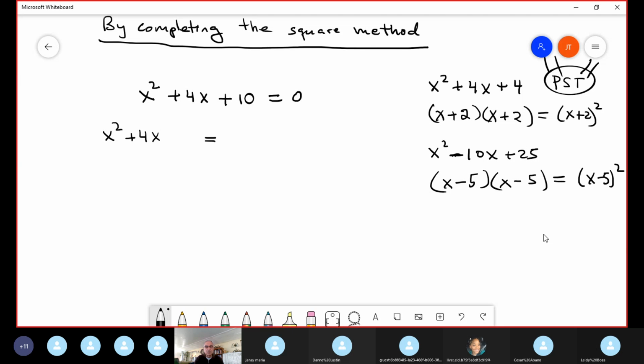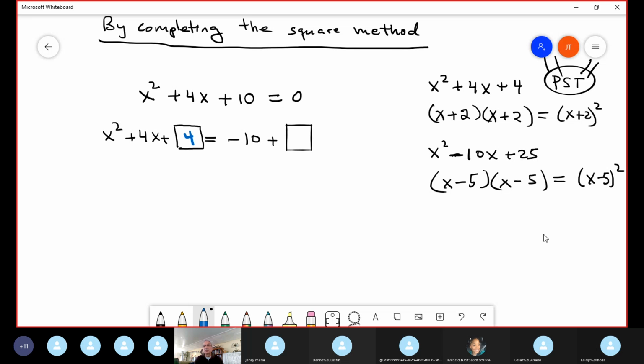You move 10 to the right-hand side like a minus 10, because I don't care about this 10, and you enforce the situation. You put inside the box one magic number that completes the square. And this magic number is 4.